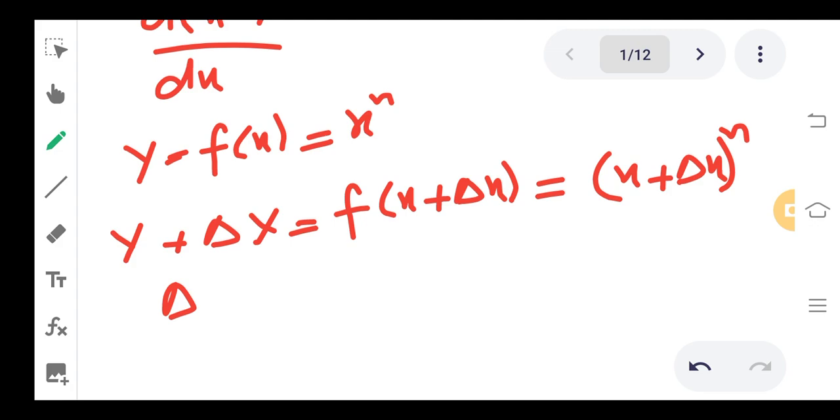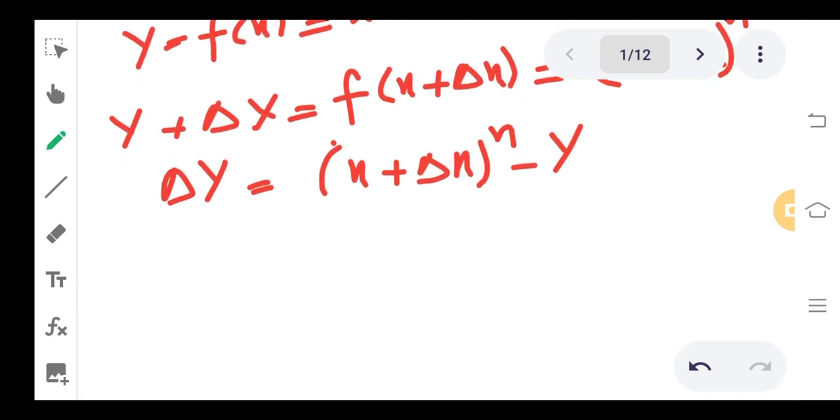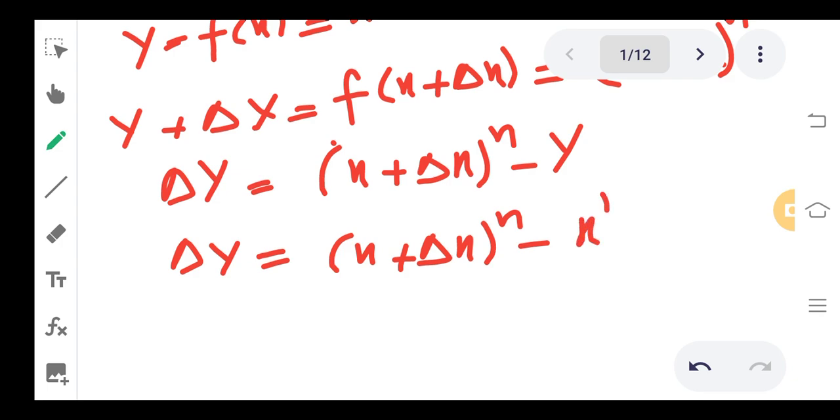So here the delta y will be equal to x plus delta x whole power n minus y, और हम इसे ऐसे भी लिख सकते हैं कि delta y is equal to x plus delta x whole power n minus x power n.